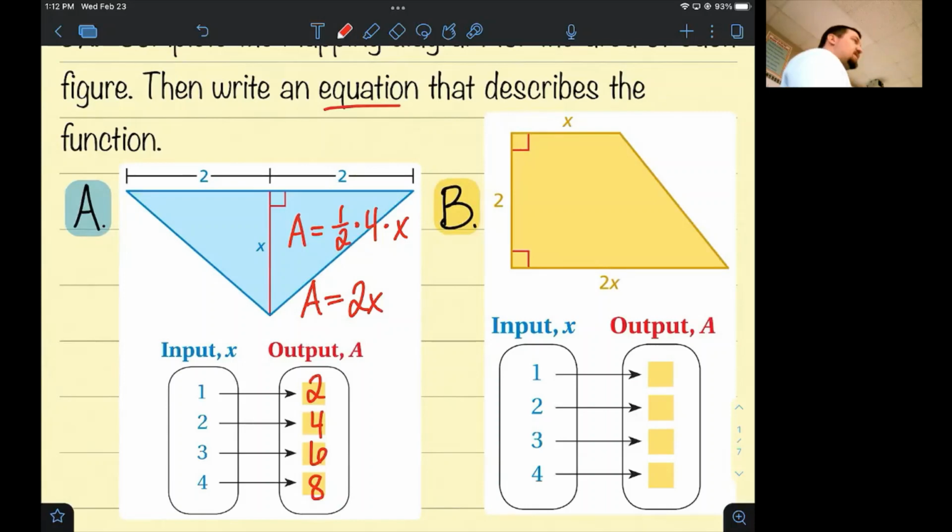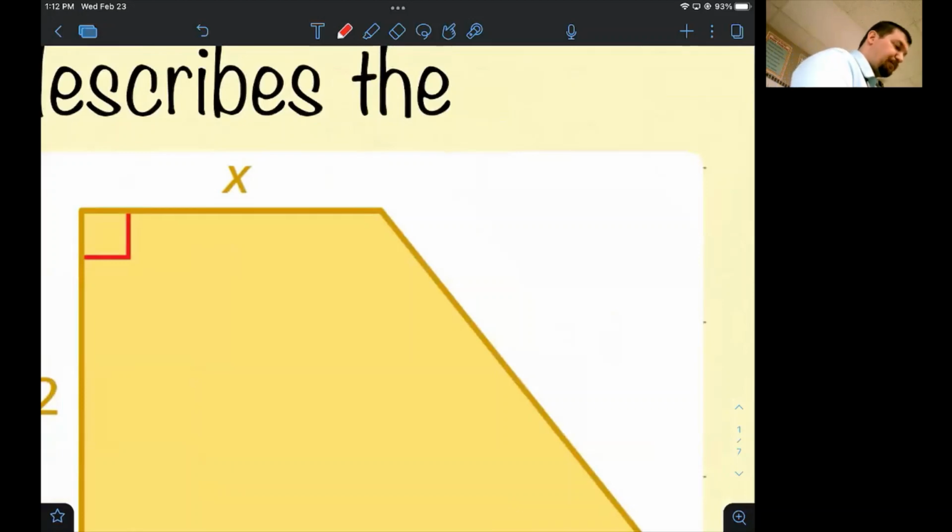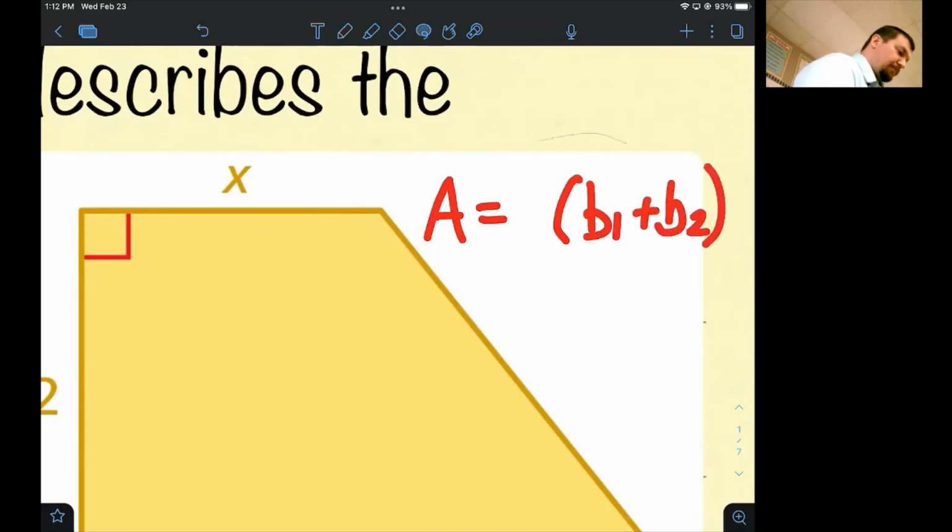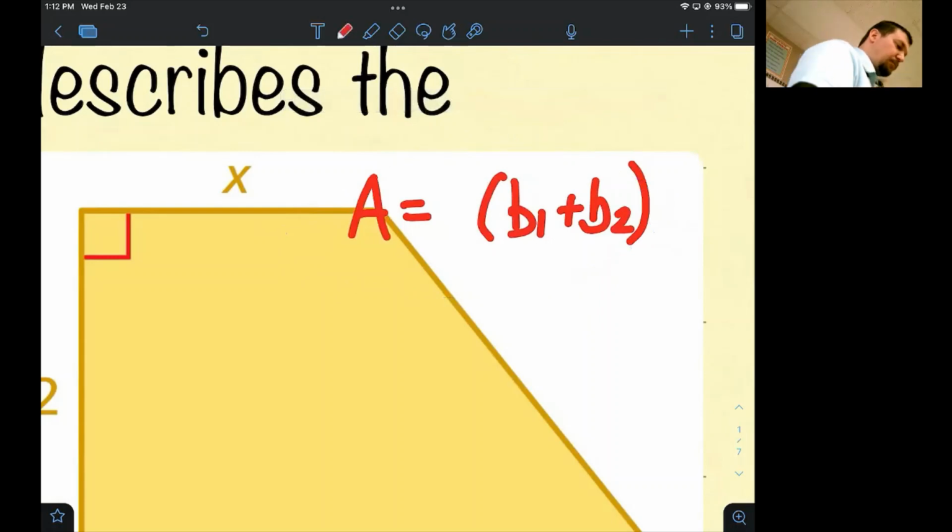For B, what shape is this here? It's a trapezoid. And Deegan, do you happen to remember the formula for the area of a trapezoid? Yep, 1/2 B1 plus B2 times H. It's actually the triangle formula with another base.